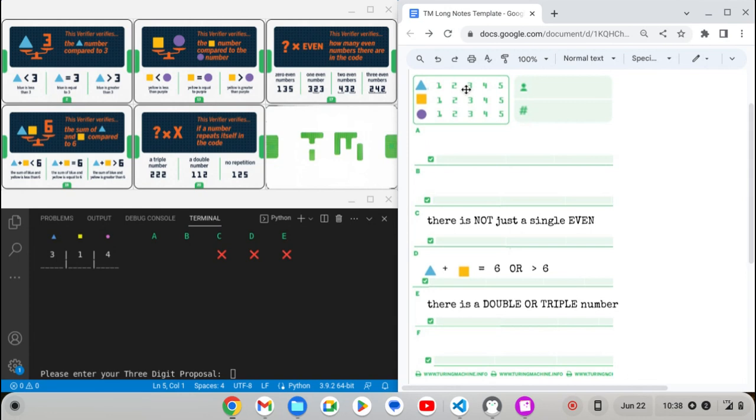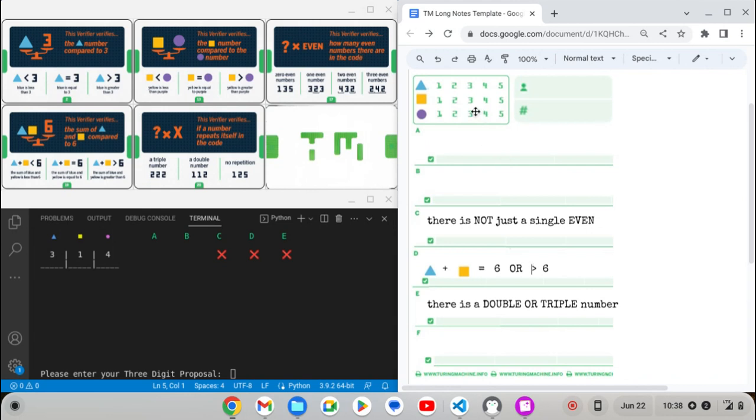Triangle would be 3. There'd be no evens. The sum could be 6. Is that out of the range of possibility that they're all 3?